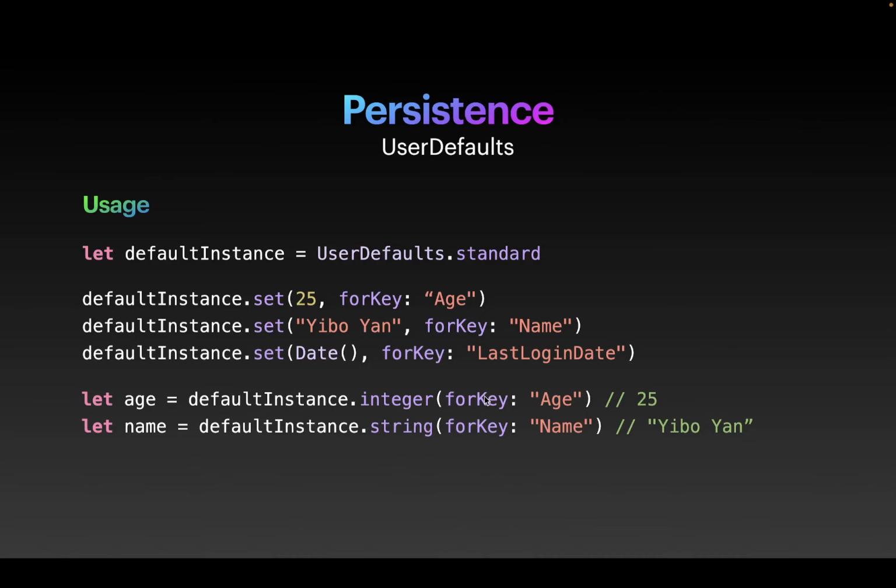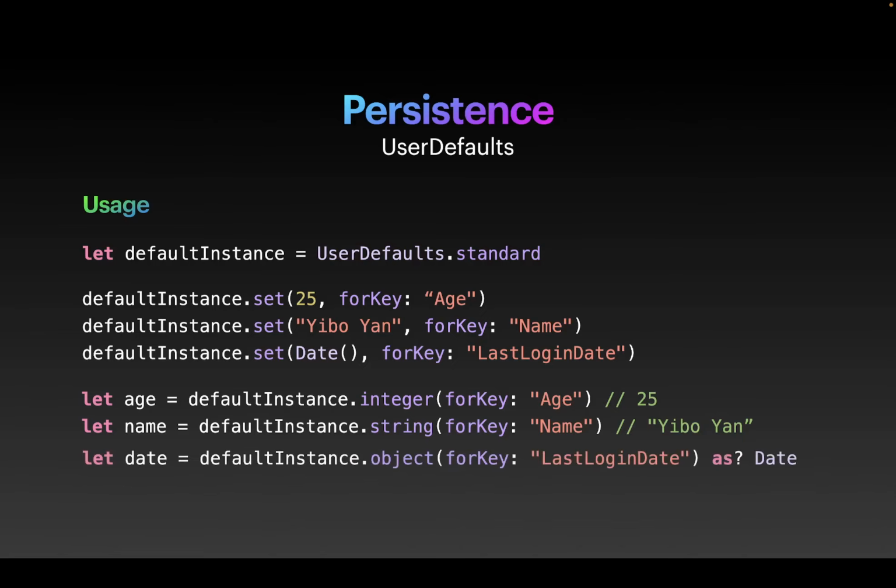Of course, we can also get a string. Now, what if we want to get the date back? You may want to do something like default instance.date. Unfortunately, Apple doesn't provide such an interface for you, so it's not working. But Apple has another interface called object.